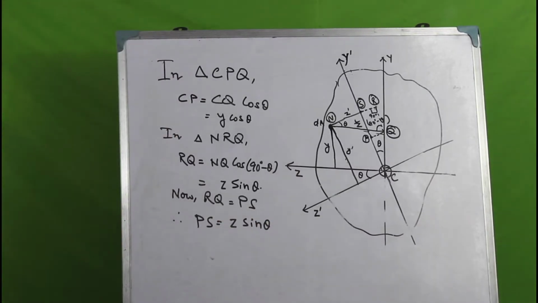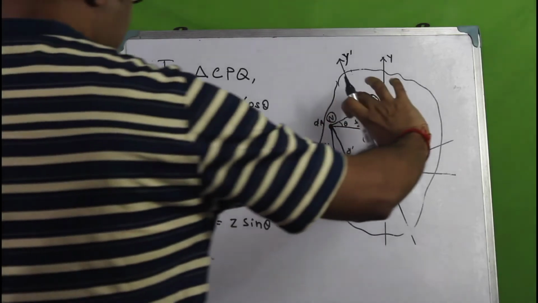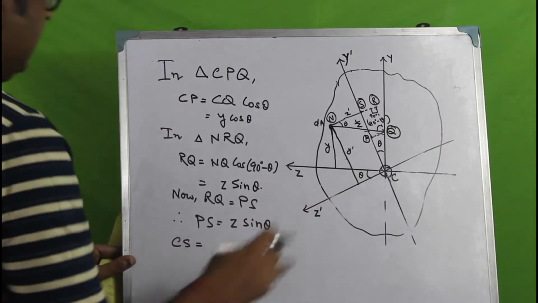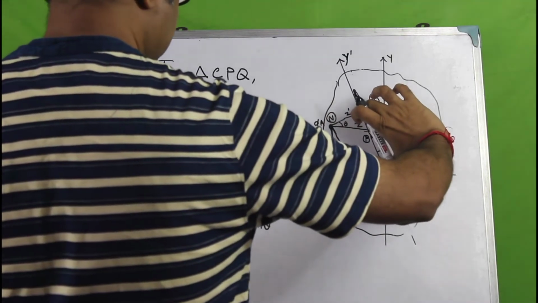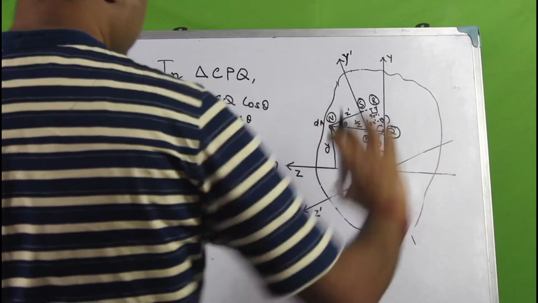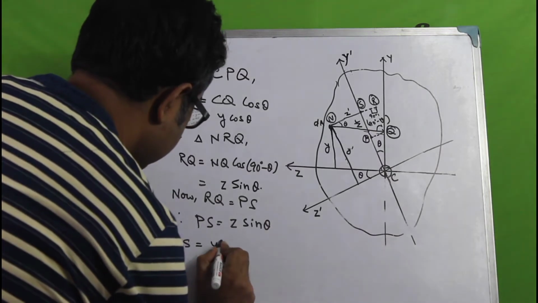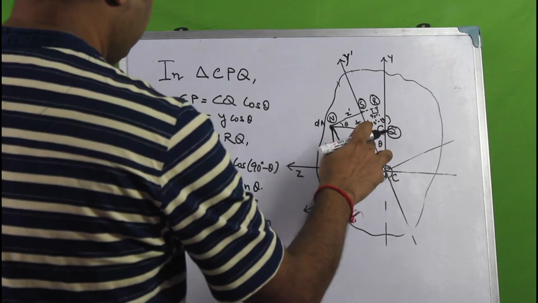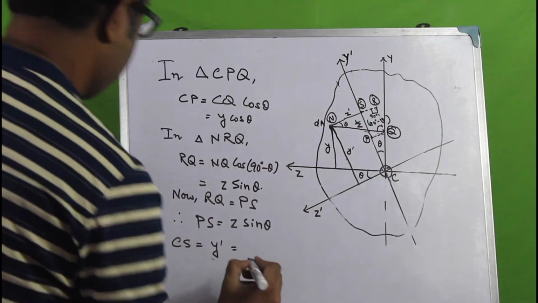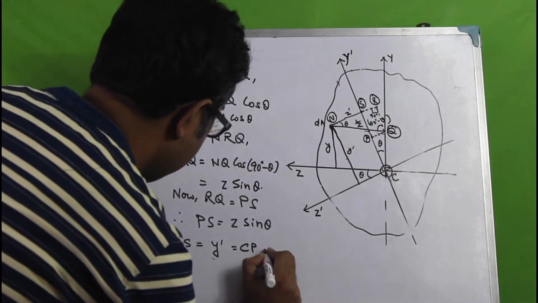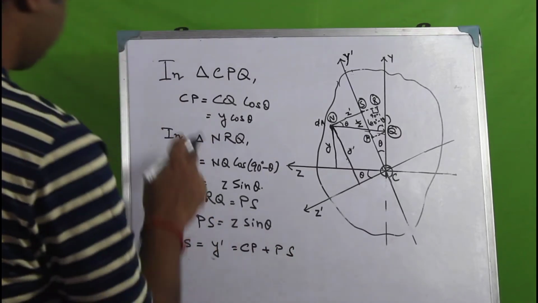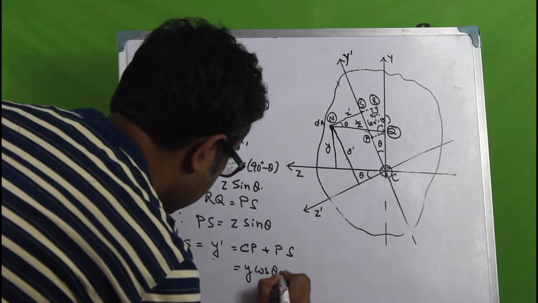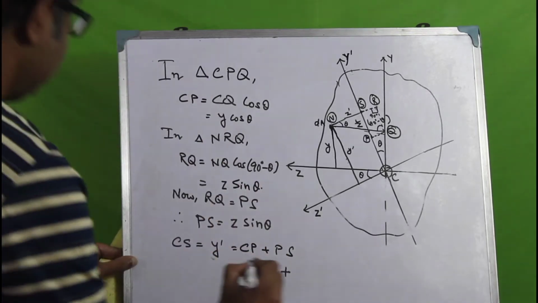So we have this total line CS. What is CS? CS is nothing but Y dash. So CS equal to Y dash, and CS would be equal to CP plus PS. CP is what? Y cos theta. And what is PS? PS is Z sin theta.